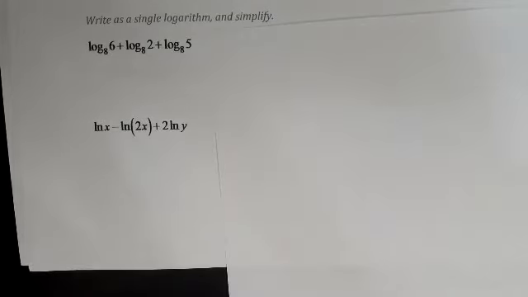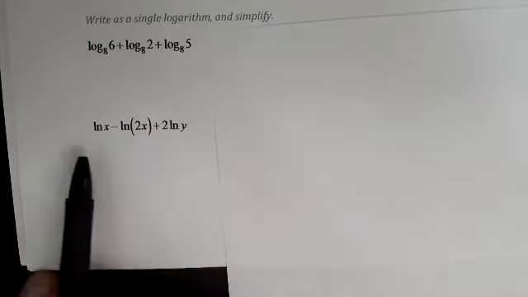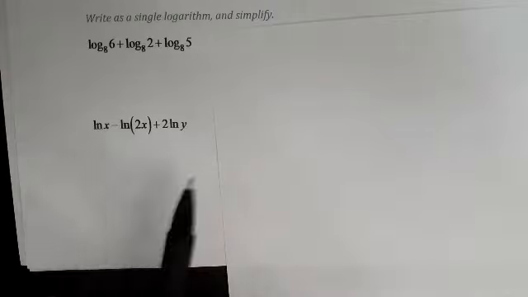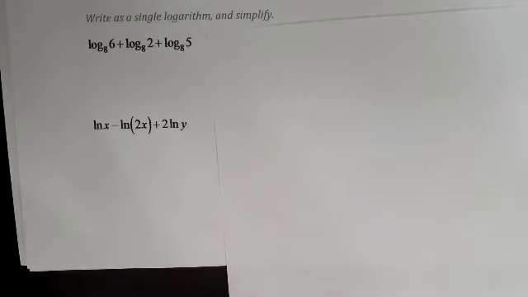So when we do PEMDAS, addition and subtraction take the same priority. We do them left to right. And so what you want to do is combine these through the subtraction before you do the addition. Before we even start adding and subtracting, if there are any coefficients here, we probably want to get rid of those coefficients.